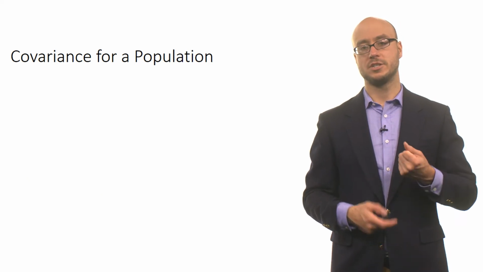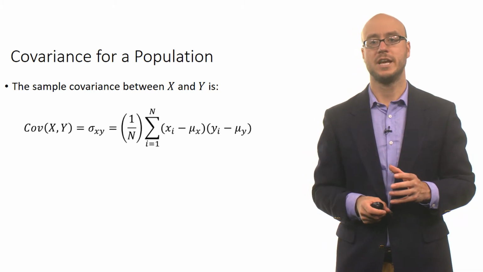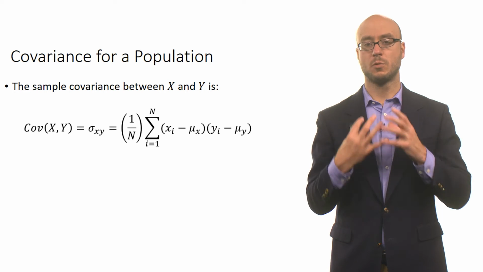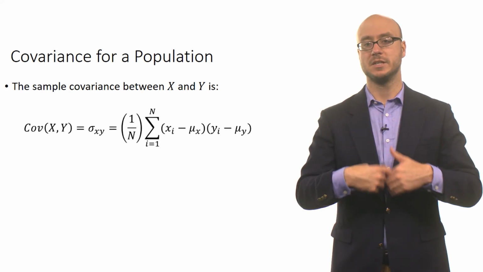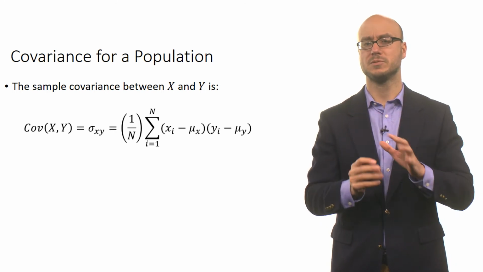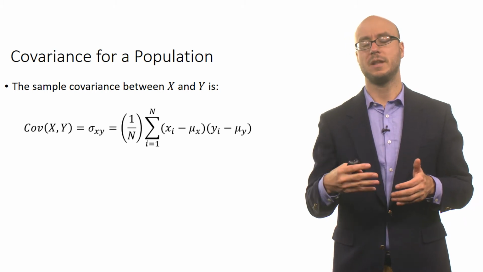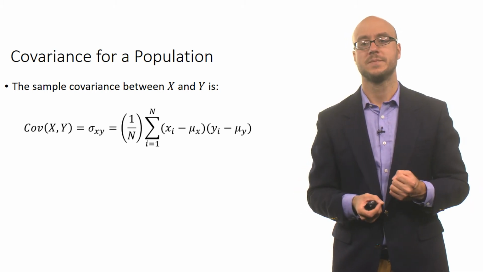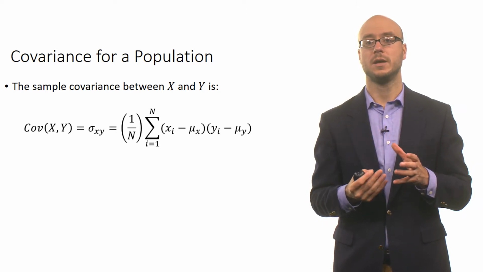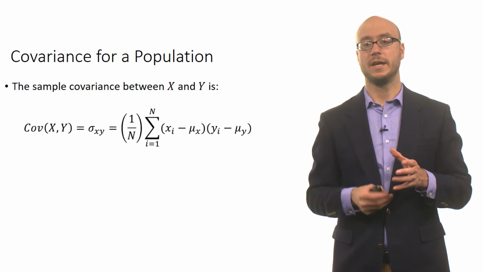The covariance for a population has a very similar setup, just slightly different notation. Instead of S subscript xy, we use lowercase Greek sigma, because for population parameters we like to use Greek symbols to make clear whether we're dealing with a population or a sample. We use capital N to refer to the overall population size, and we use mu, the population mean of x, and the population mean of y in our calculation.